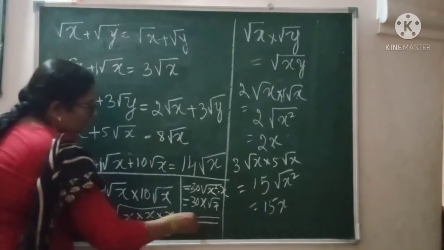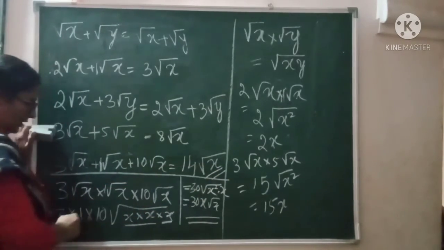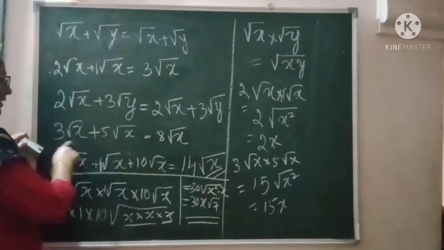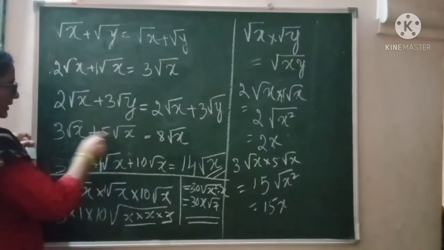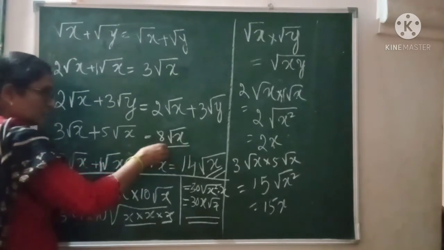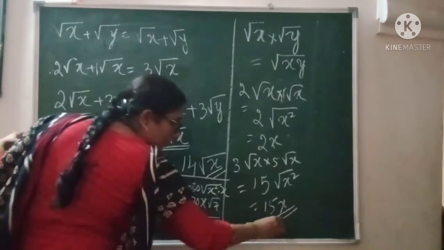See, lots of difference. With addition you got 14 root x. If it is with multiplication, you are getting the answer this way. If it is addition of such things, 3 root x and 5 root x, you are getting 8 root x. The same thing when it goes with multiplication, you are getting 15x.